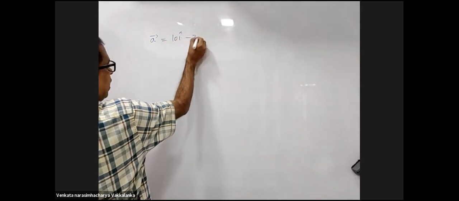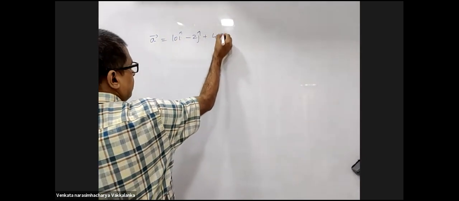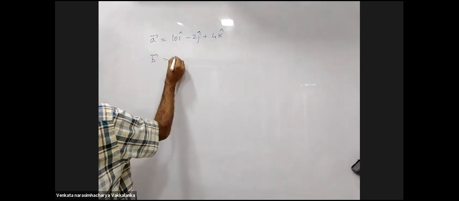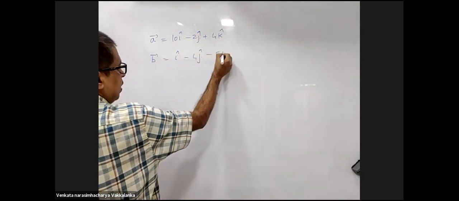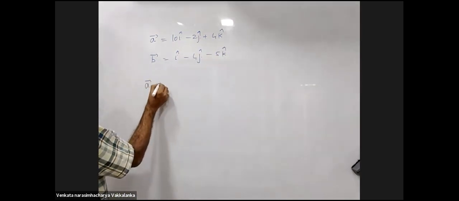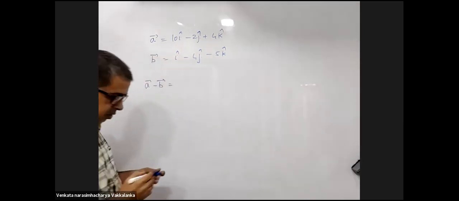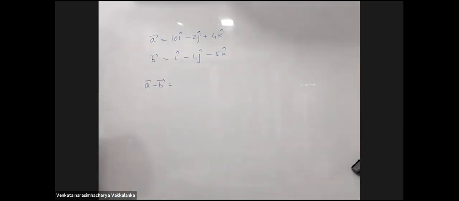A is 10 i cap minus 2j. Vector B is i cap minus 4j cap minus 5k cap. A minus B is how much? Should we tell?